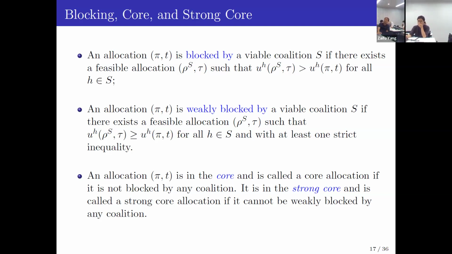Actually, this is in some sense very similar to the Shapley-Scarf model. Over there, they prove that a core exists. However, when you have indifferent preferences, you cannot have a strong core.